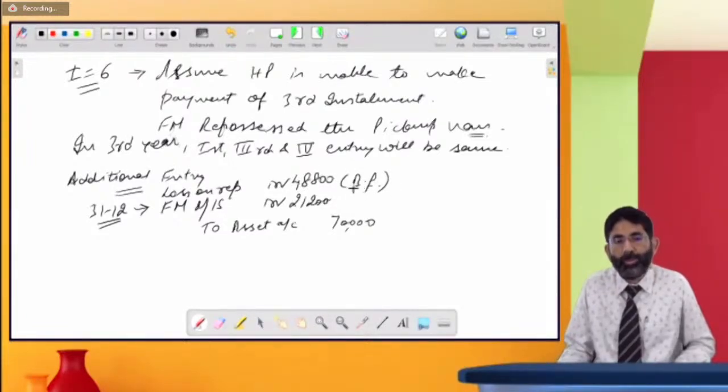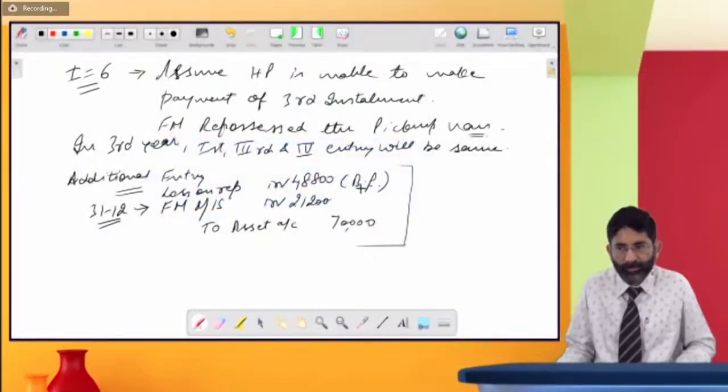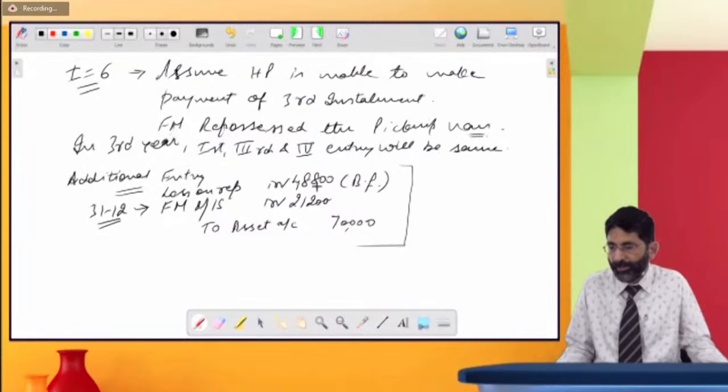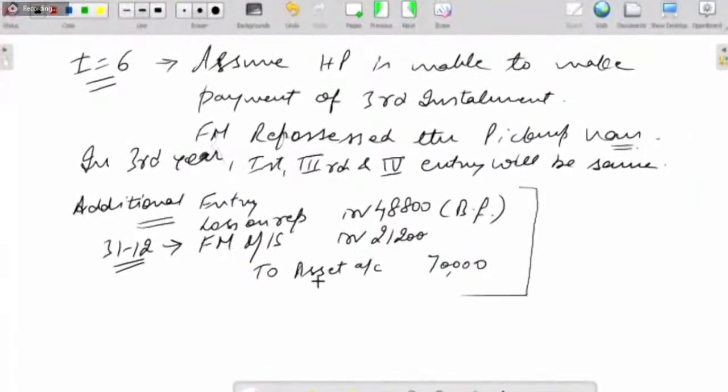So this will go to P&L account. Loss on repossession account debit to asset account 48,800. Better check it out. Is that clear?